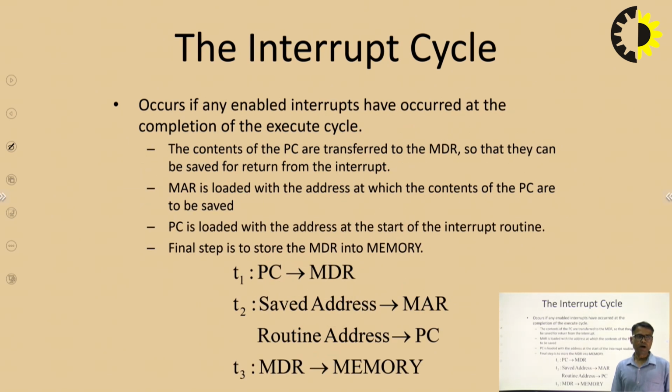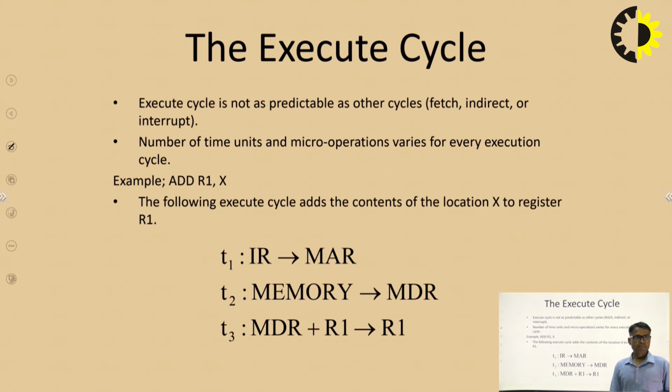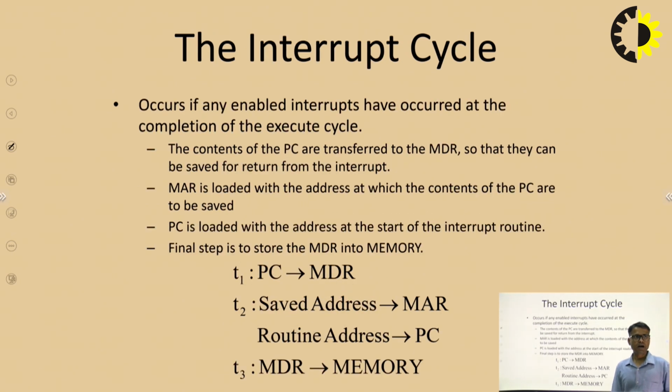Okay. Now, before we execute, there is an important cycle that is needed, called the interrupt cycle. Many times the instructions are interrupted by the occurrence of certain outside events.